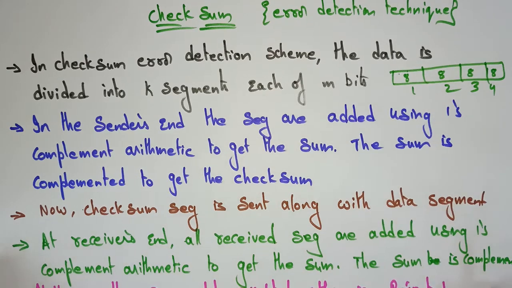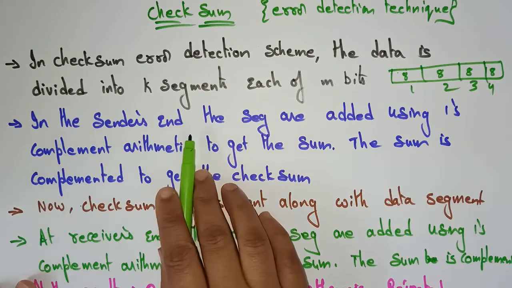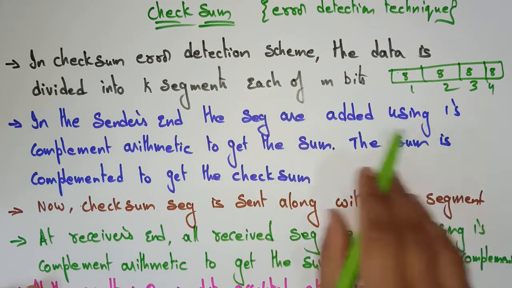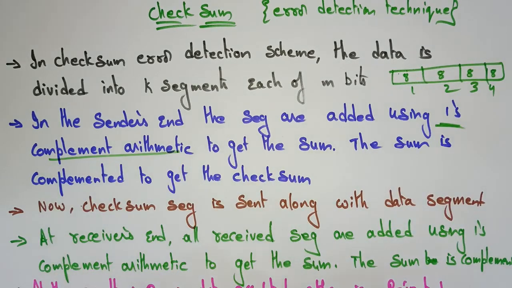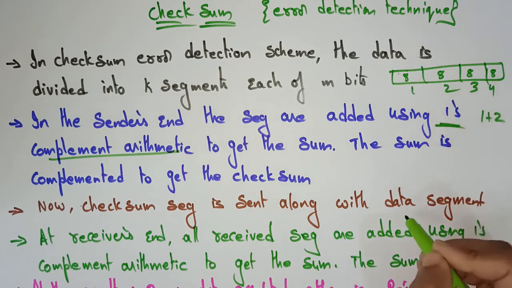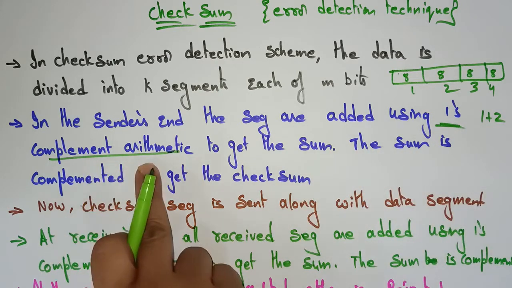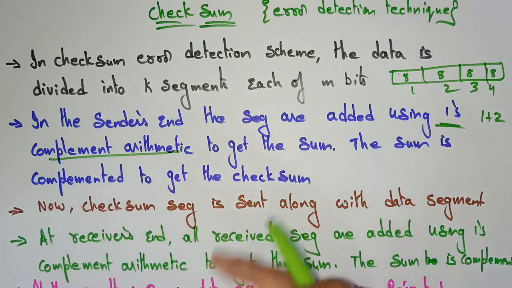Okay. After that, what you have to do? At the sender's end, the segments are added using ones complement arithmetic. By using ones complement arithmetic, try to get the sum. That means the first segment is added with the second segment, using ones complement arithmetic.